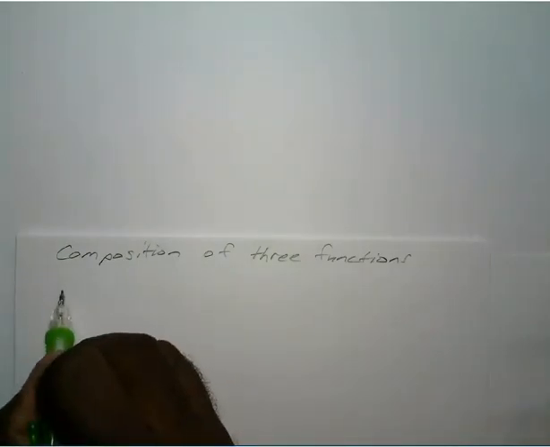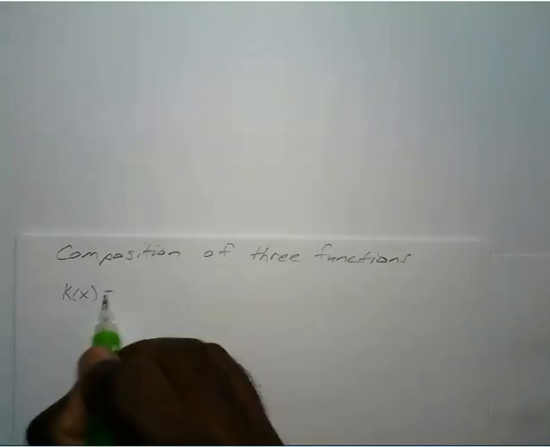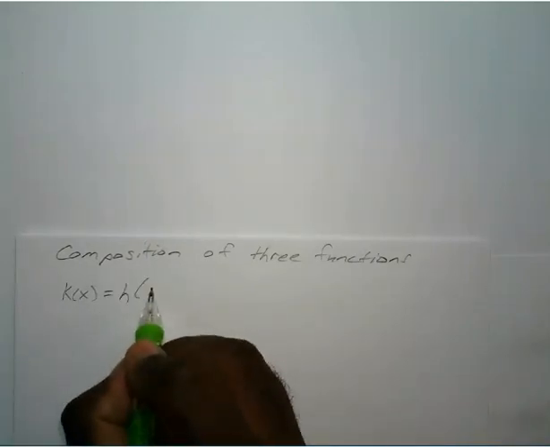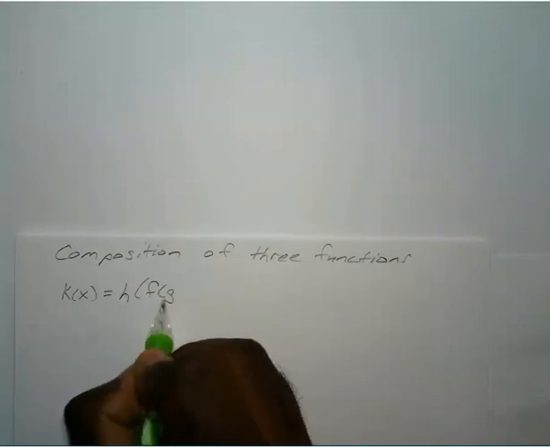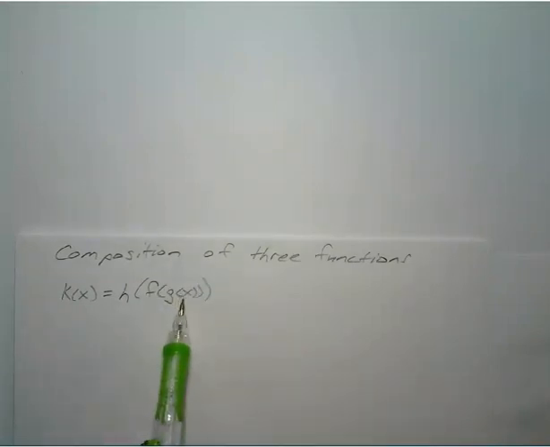Okay, so let's say you have some k of x equal to h of f of g of x. So you have a function inside a function inside another function.